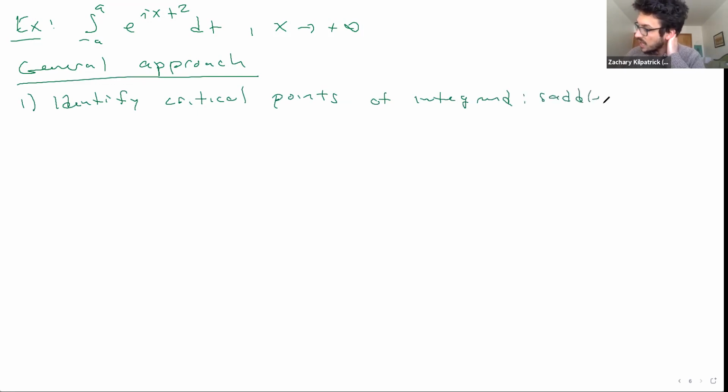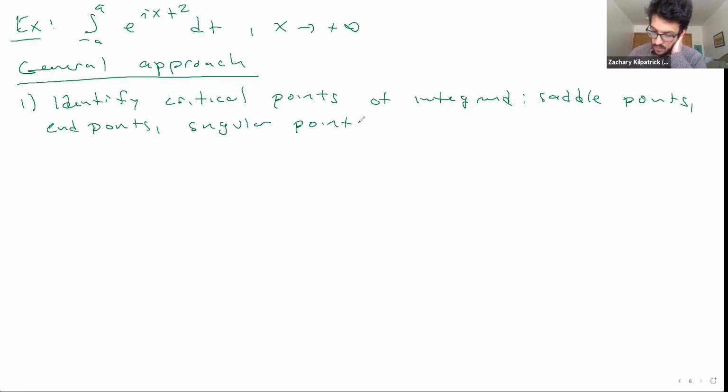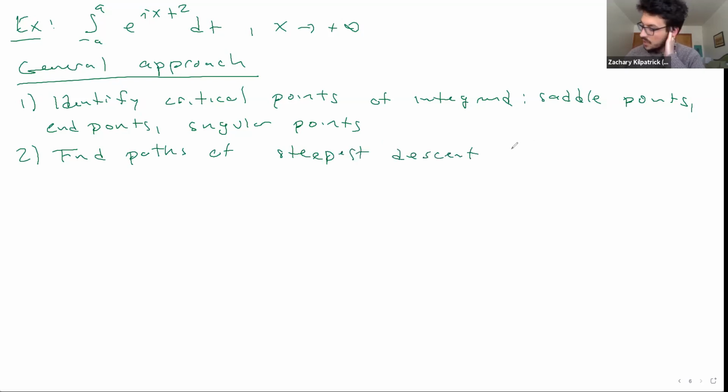Well, there's saddle points, there's endpoints, there's singular points, okay? Secondly, you want to find the paths of steepest descent. And let's call these CS here.